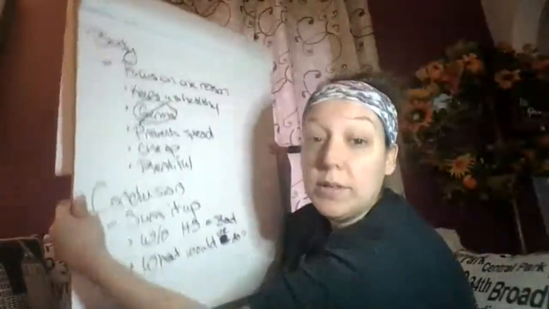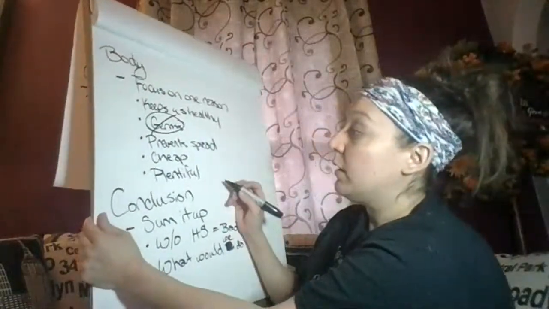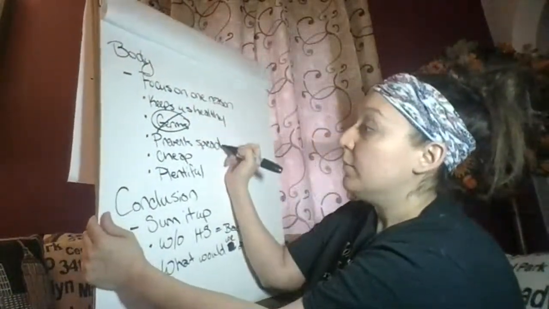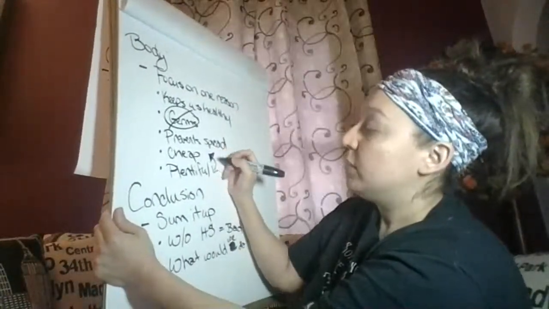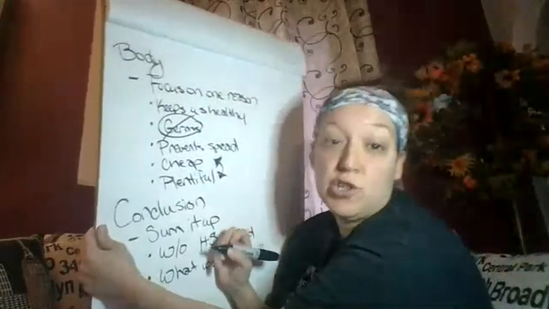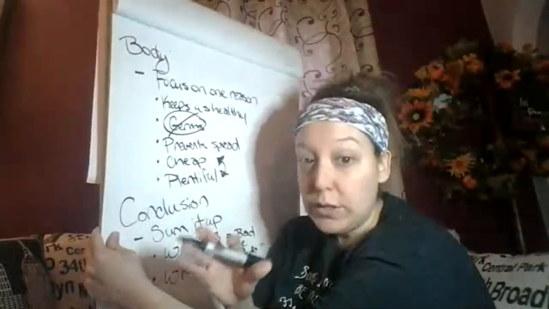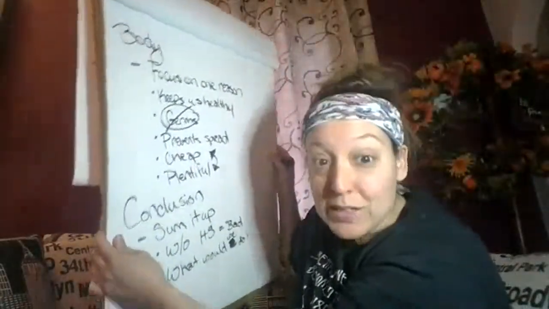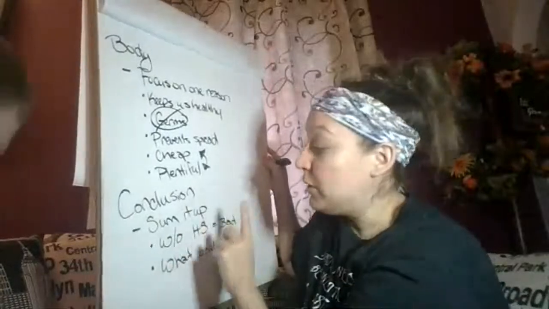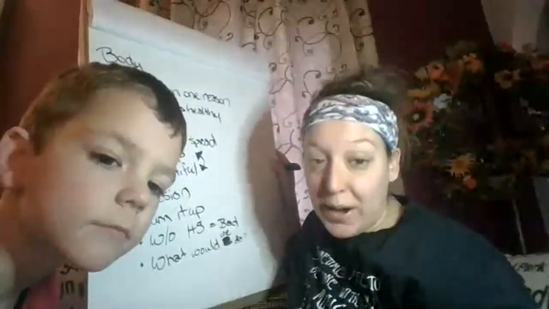The whole point of the iChart is for you to say, okay, I really like where these are, but I'd like to switch where these 2 are because it'll make more sense if I talk about it being cheap and then plentiful, right? The whole point of an iChart is for you to organize your thoughts. So if you don't like the way that something's coming out, don't use it, change it, right? This is for you to get it all together before you go and write it down as paragraphs, right?